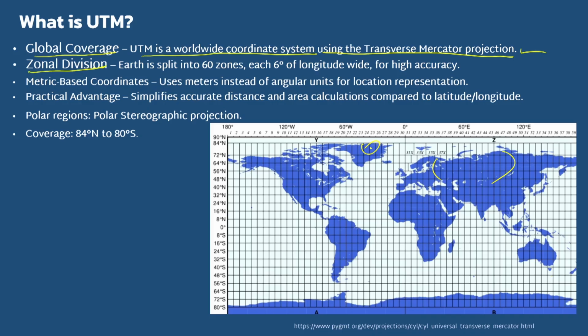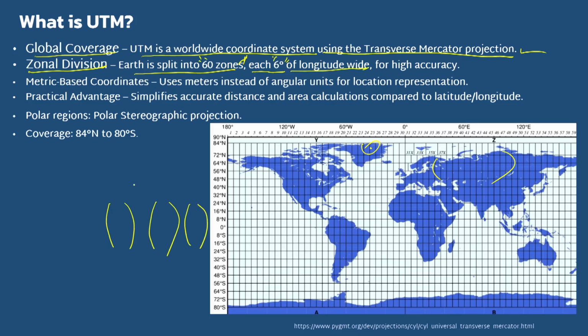When you talk about the zonal division, as I said earlier, the Earth is split into 60 zones. I already demonstrated how these 60 zones were arrived at, each zone 6 degrees of longitude wide. So, assume that this is zone 1 and this is zone 2.